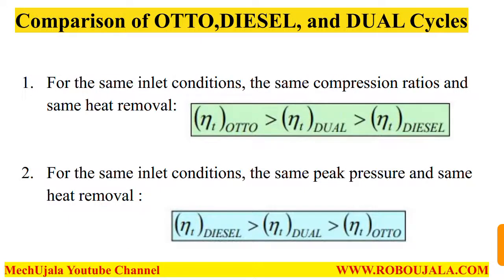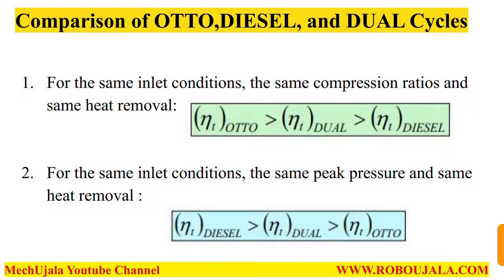Now let's see some comparison between the Otto cycle, diesel cycle and dual cycle. In the first comparison, for the same inlet condition, the same compression ratio and the same heat removal, we will get efficiency of the Otto cycle more than the efficiency of the dual cycle, which is more than the efficiency of the diesel cycle.